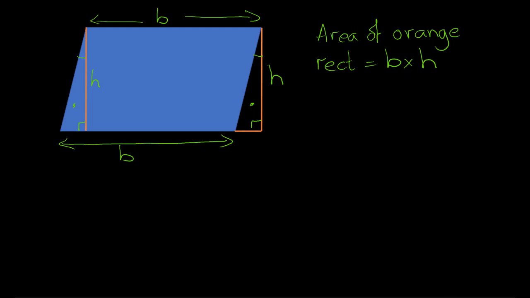And in a similar fashion, this angle here must be the same as this angle here, because if you've got two angles that are the same in a triangle, then the third one must be the same.